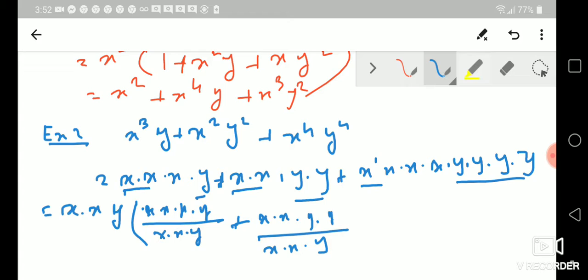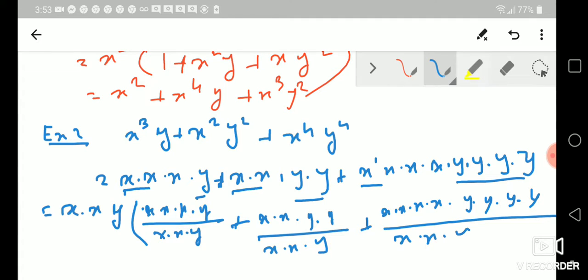Whatever we are multiplying with, we are dividing by the same thing, so it will balance out, it will cancel out. That's what tells us we are not changing anything in the equation. And this one will be x dot x dot x dot x dot y dot y dot y dot y, divided by x dot y.